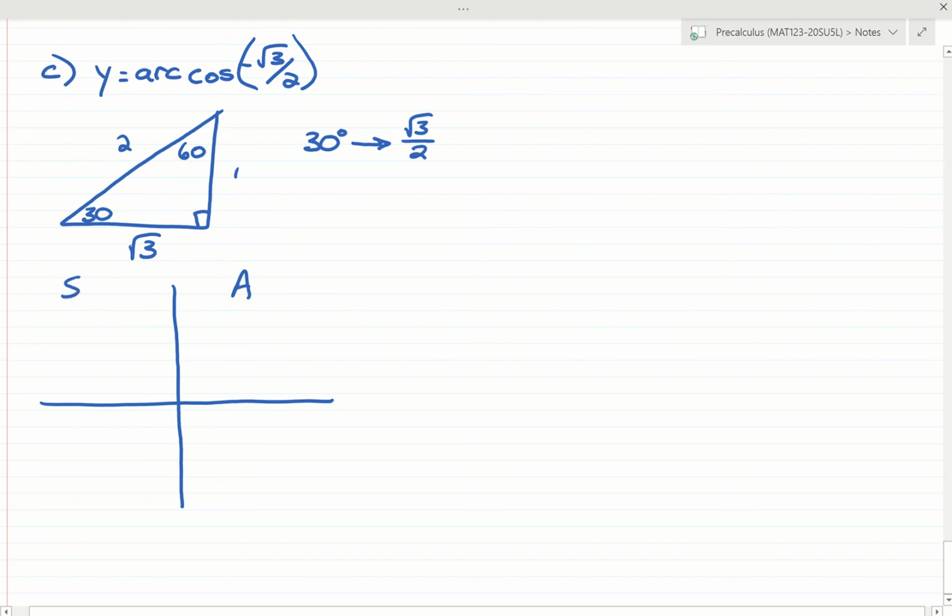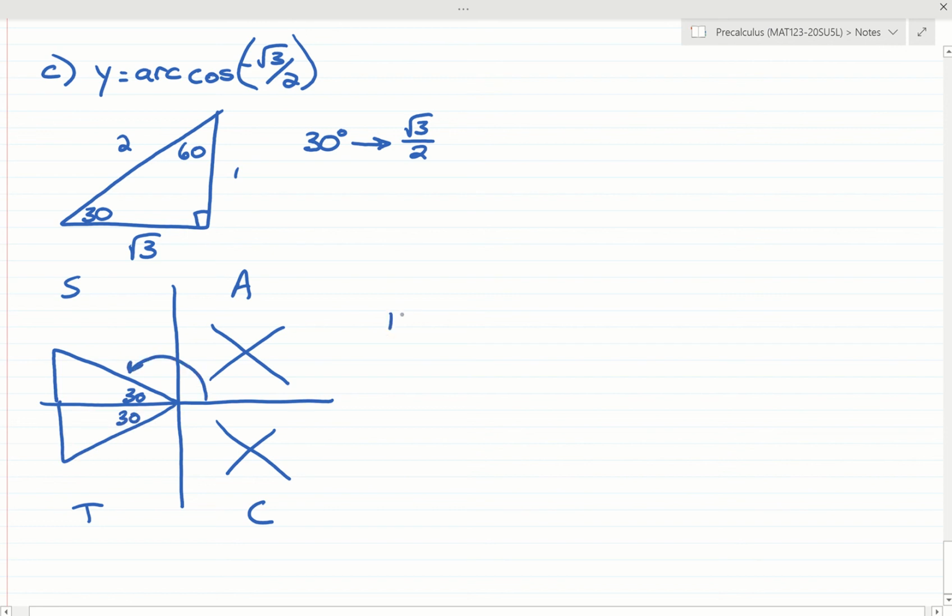If all students take calculus, this tells us where cosine would be positive. We don't want to draw a cosine here or here because cosine would give us a positive √3/2 if we put a 30-degree reference angle there. But if we put a 30-degree reference angle in quadrant 2 or in quadrant 3, we would get 180 minus 30 is 150 degrees, and this angle is 180 plus 30, or 210 degrees.